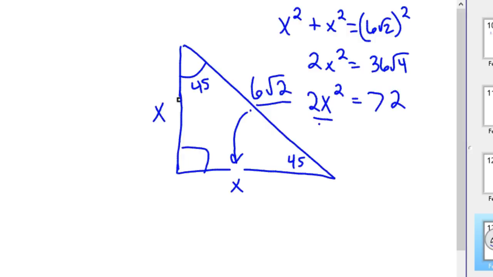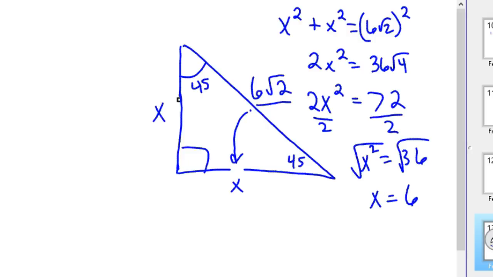And then you divide by 2, and x squared equals 36, which tells me that x is 6 once you take the square root of both sides. So that's the 45-45-90, and kind of the proof for that. It all boils down to squares and the fact that you can use the Pythagorean theorem on it.